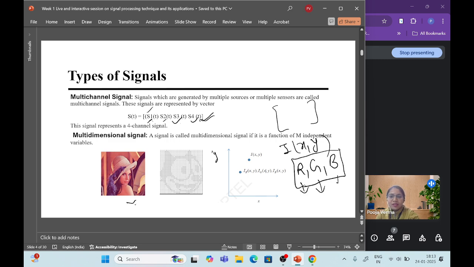So an image is an example of a multi-dimensional signal, and multi-channel signals are those where channels are generated by multiple sources or multiple sensors.